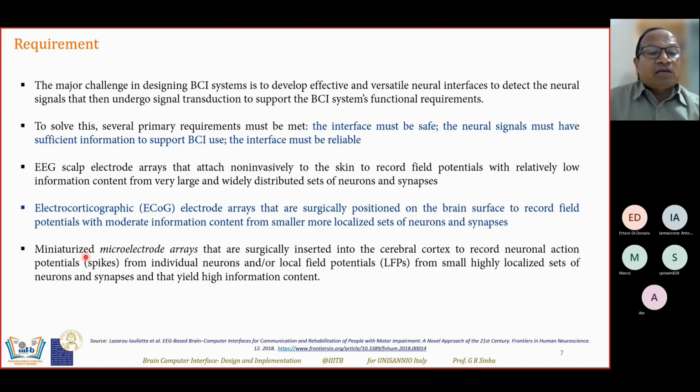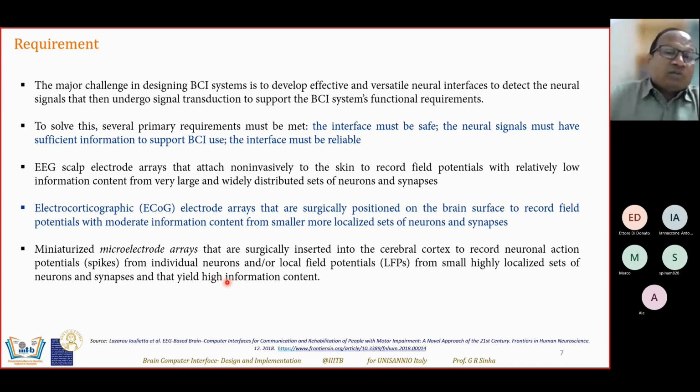So miniaturized microelectrode arrays are surgically inserted into the cerebral cortex to record neuronal action potentials, which we also call spikes, from individual neurons, or local field potentials from small, highly localized sets of neurons and synapses that produce high information content. Therefore, it is very difficult to have a same or common design.